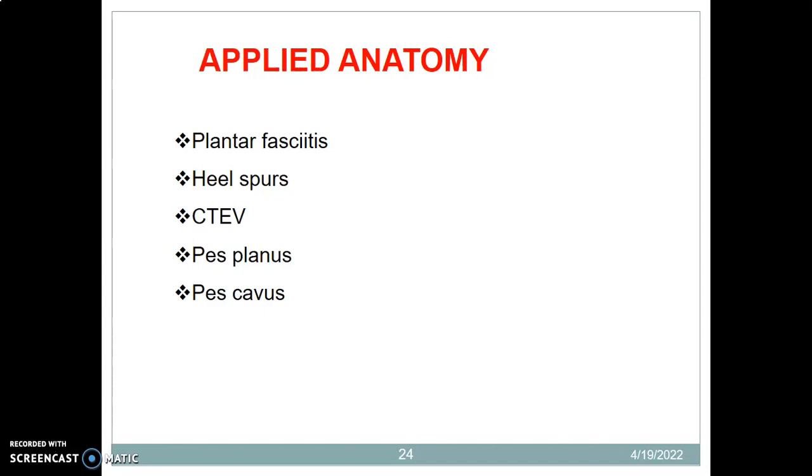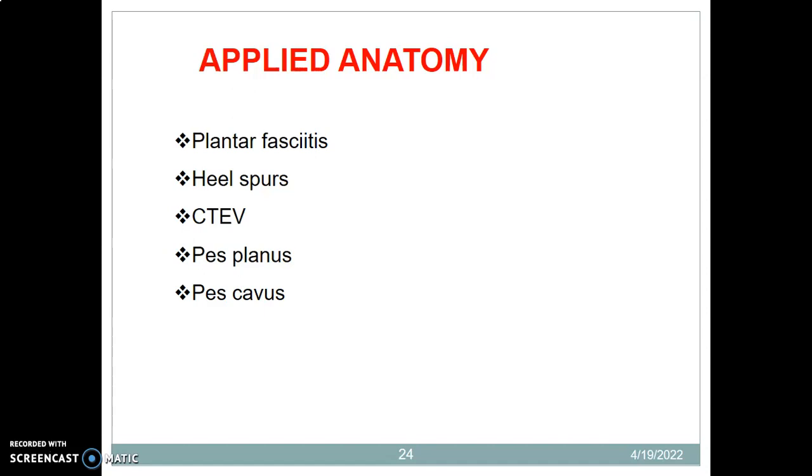Then pes planus. Pes planus is basically just flat foot. And what really causes pes planus? Because when you have a flat foot deformity, it's going to cause stress and tension over the neurovascular structures within the foot.